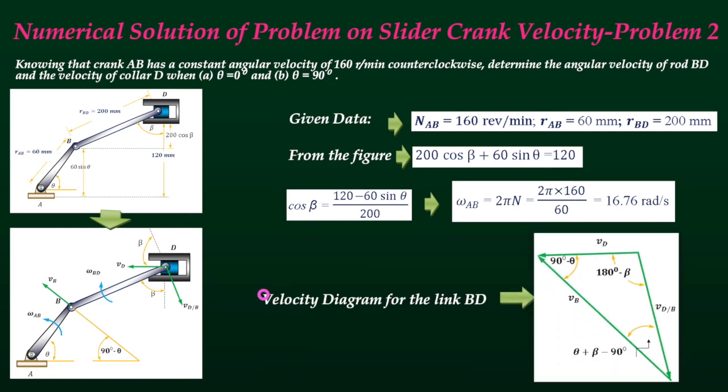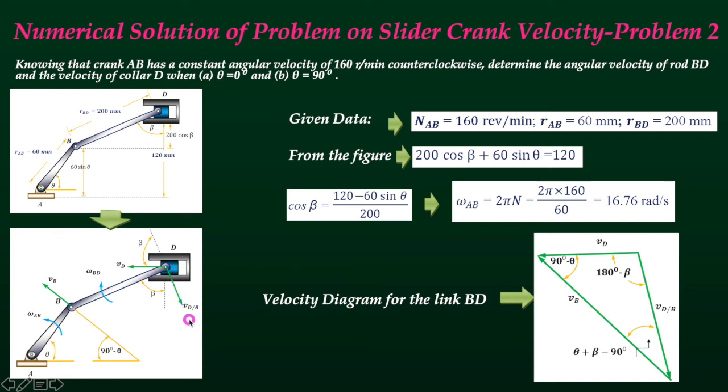Now let's draw the velocity diagram. So what velocities are there? VB, VD and VDB. As usual, VDB is perpendicular to the link DB, and as it is moving anti-clockwise, the DB direction is downward, because when the link is rotating anti-clockwise, this end is moving in this direction, whereas this end is moving in this direction.